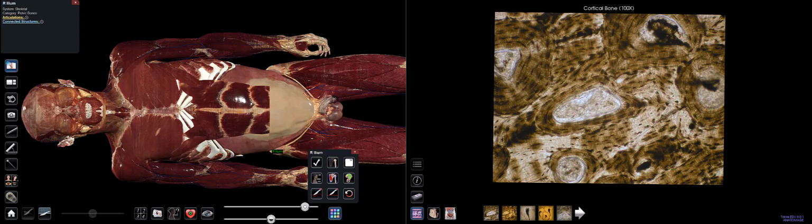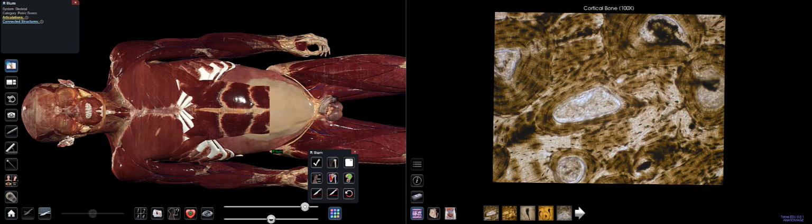And bone is laid down in layers called lamella. So that round circle in the middle, that white circle, is the central canal where a blood vessel would be, and the kind of goldish brown layers around it are the lamella. Each one of those circular units is called an osteon.